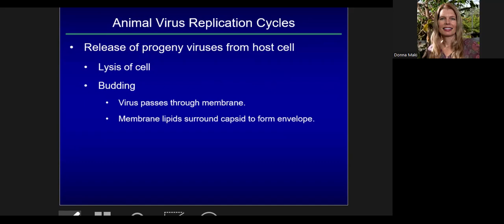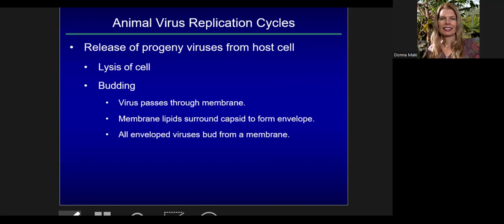And often in that process, they'll grab some of the membrane and wrap it around themselves. Depending on the virus, they might do it through the cell membrane and wrap the cell membrane around themselves, or they might take some of the endoplasmic reticulum membrane.